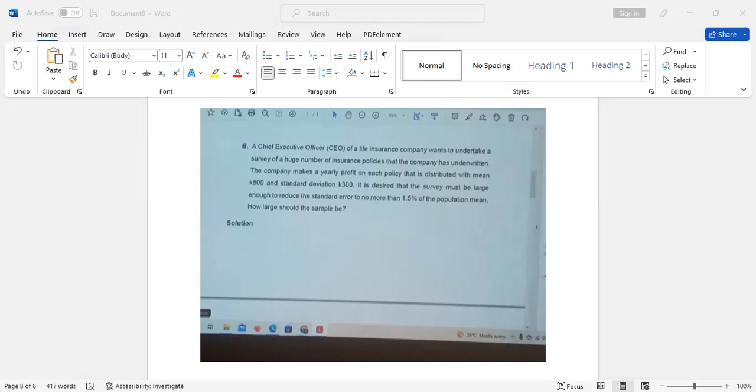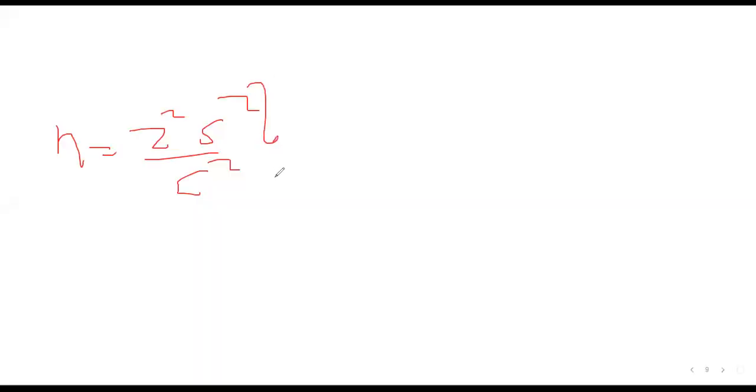Okay. So what's the formula for standard error? Standard error is given by what? Standard deviation over square root of n. I gave you this, right? Then what is our standard error?